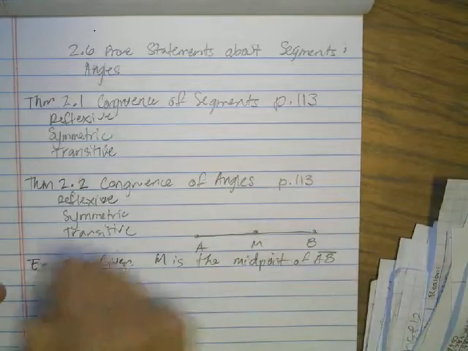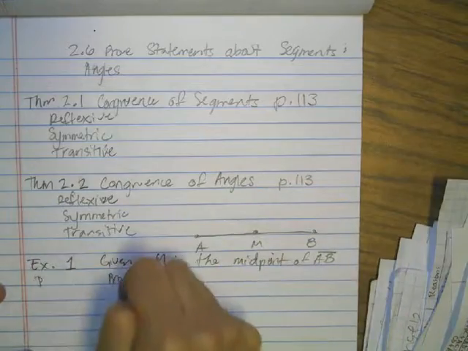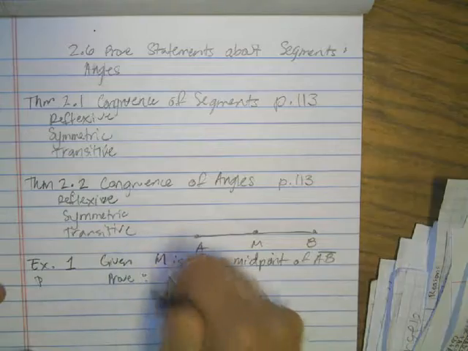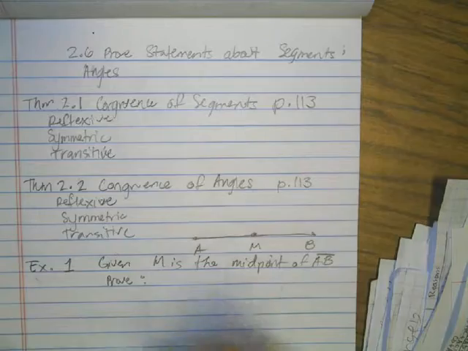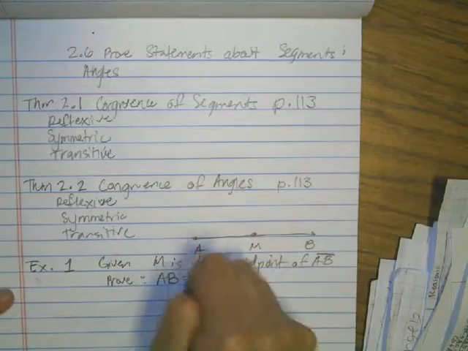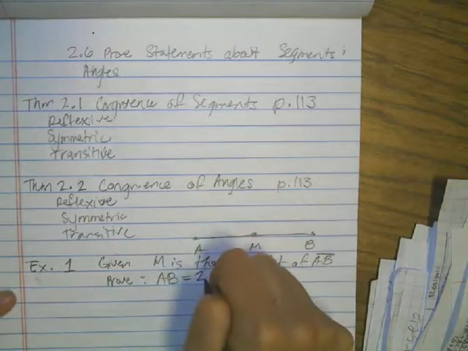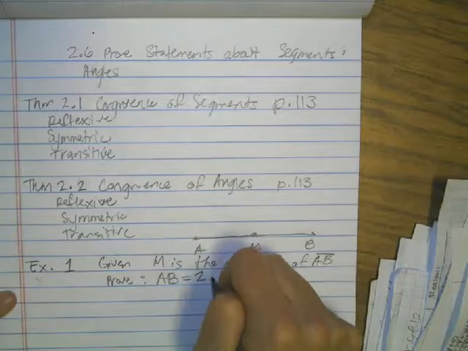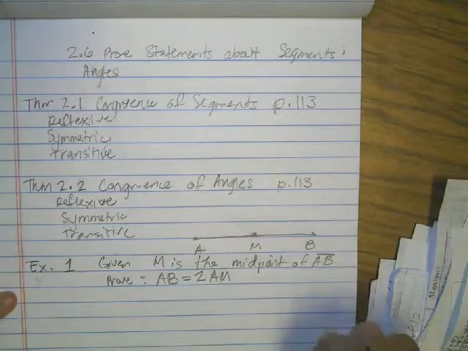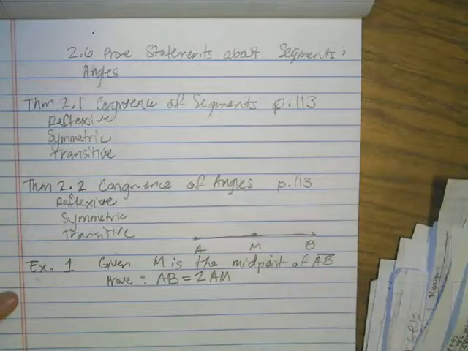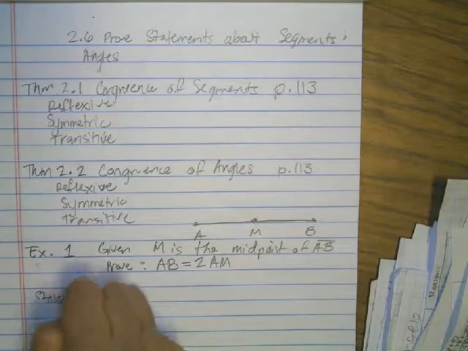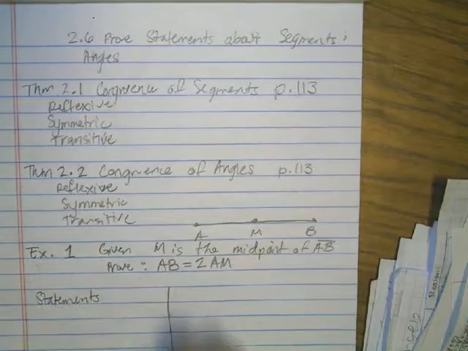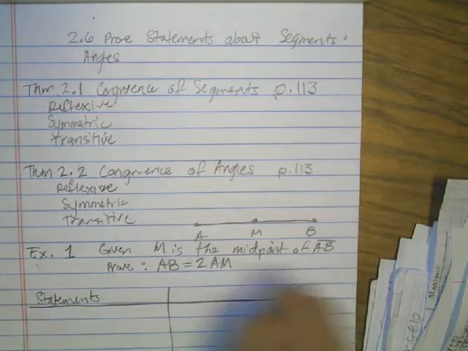Prove that AB is 2 AM. Okay? So, we start with our statements. And our reasons.